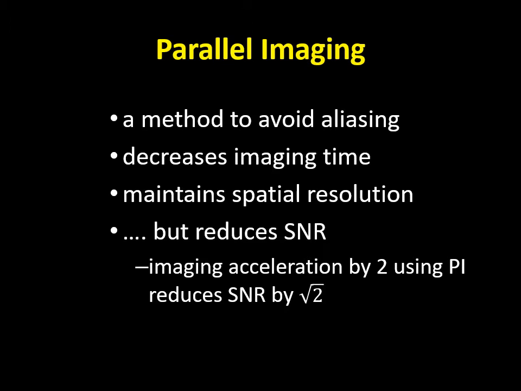Parallel imaging avoids aliasing, it decreases imaging time, and it maintains spatial resolution, but at a cost of reduced signal-to-noise ratio. It's generally accepted that for every doubling in decrease of imaging time, the signal-to-noise ratio is reduced by a factor of √2.